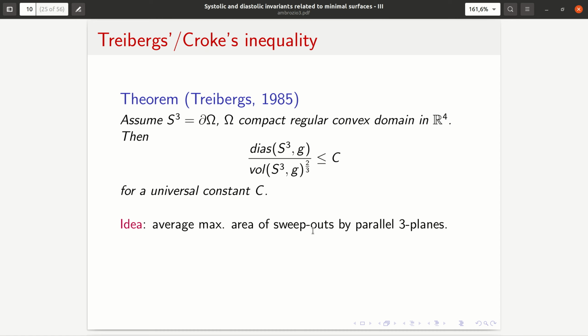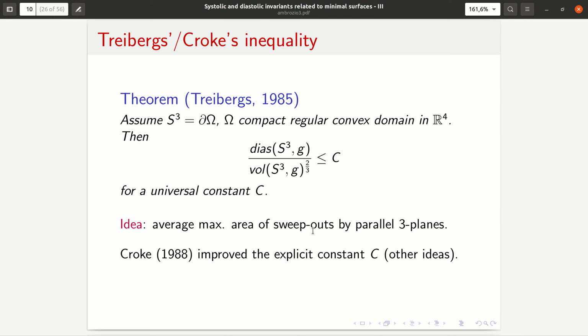Okay, so this is Treibergs' theorem. A few years later, Croke improved the constant. I did not say this explicitly, but from my description you can guess that the number c that Treibergs found was explicit.